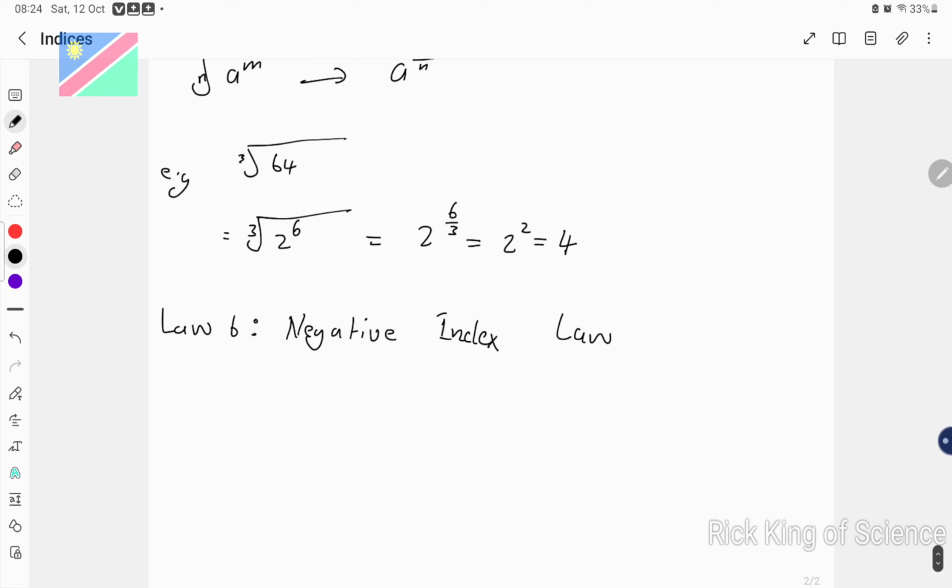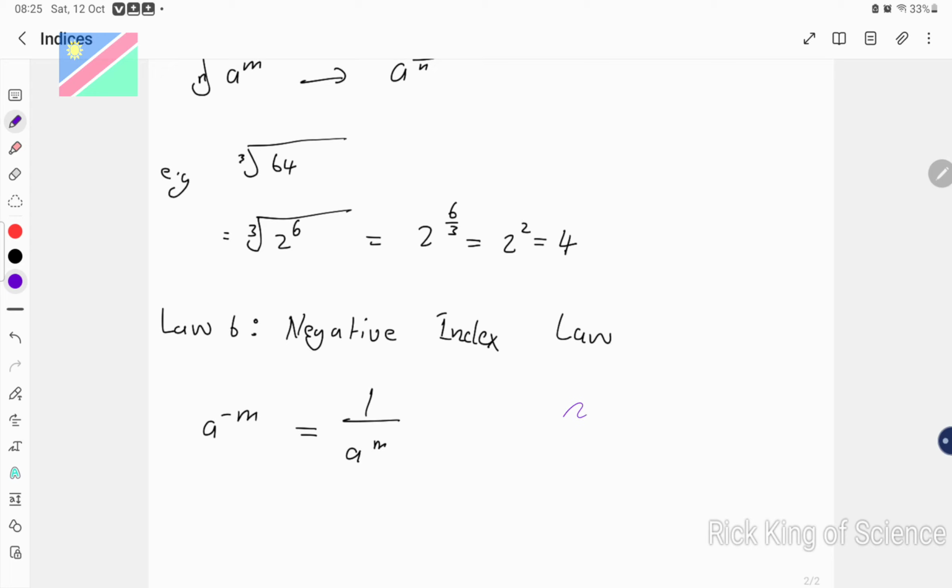How does it go? It goes like this: a power negative m can be written without a negative index as 1 over a power m. Now the negative goes away. I want you to see something here.